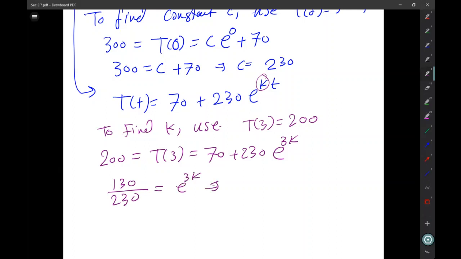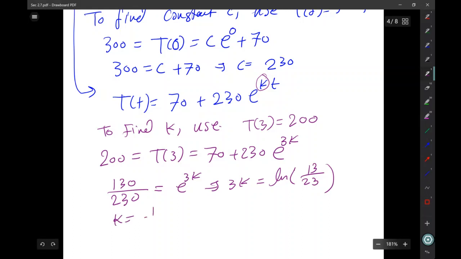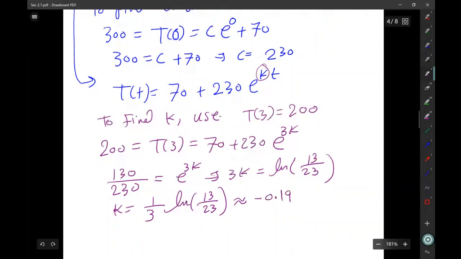That means take ln of both sides. 3k is equal to ln of 3 over 23. So the value of k is 1/3 ln of 3/23, which is approximately equal to minus 0.19. So this is the constant k.